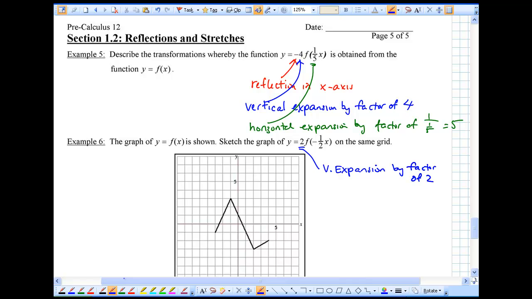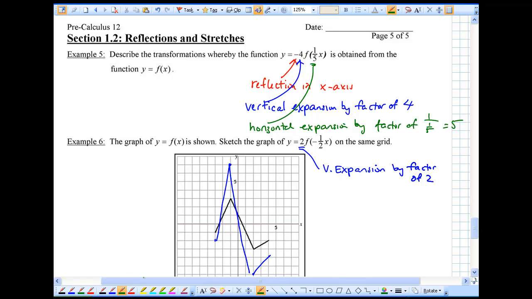And if I were to do that first, I'm changing all the y values and doubling them. So 3 becomes 6. 1 is just 1. This 3 becomes negative 6. Negative 2 becomes negative 4. And this is what you see after that 2.